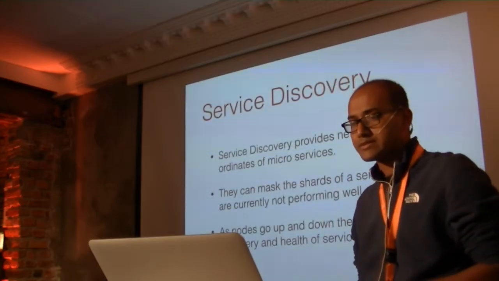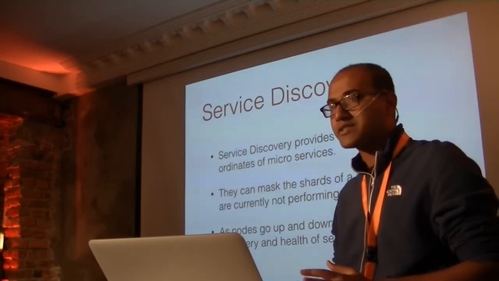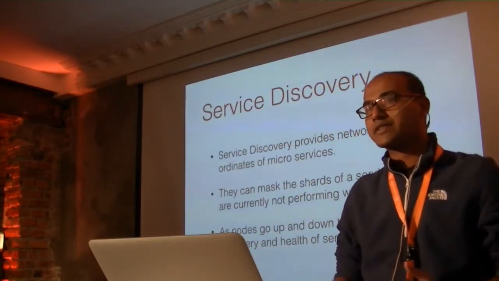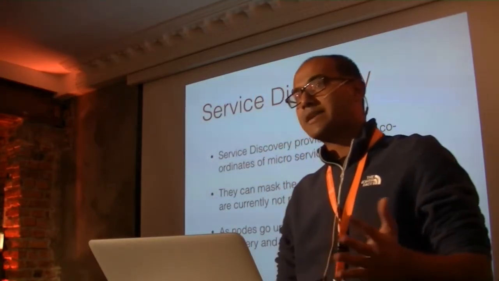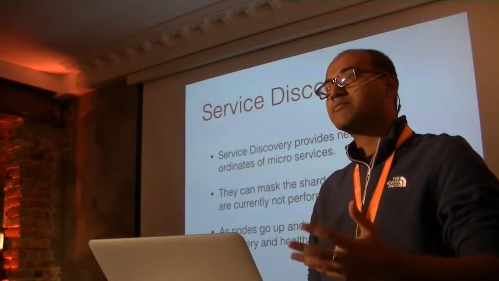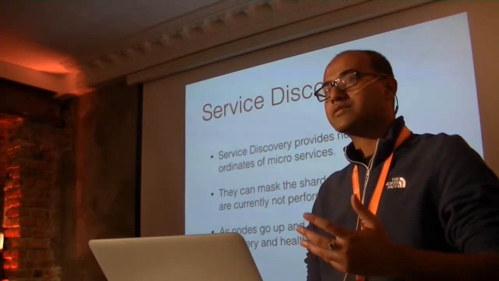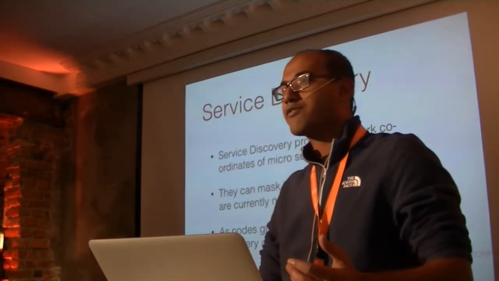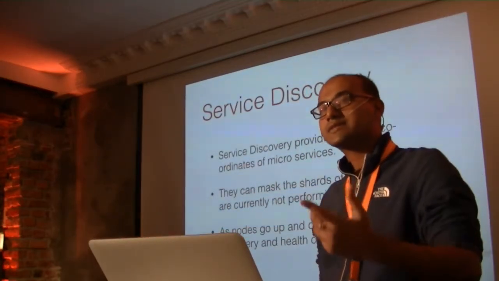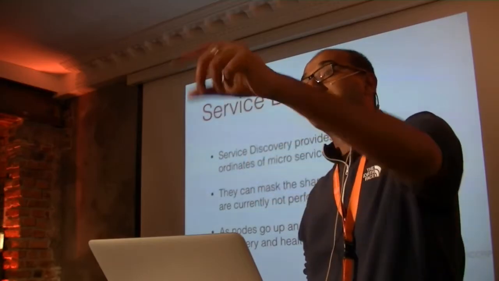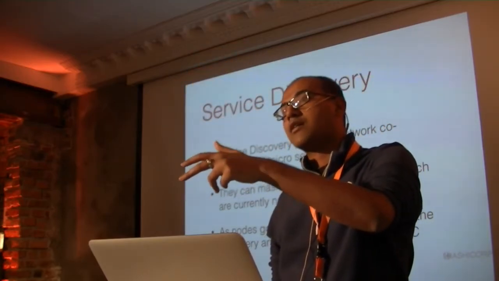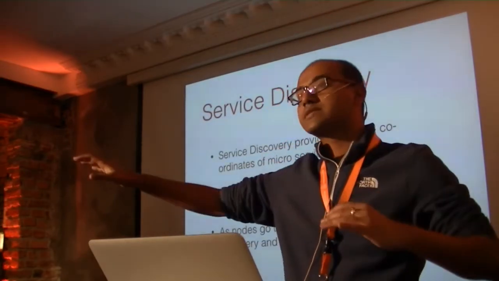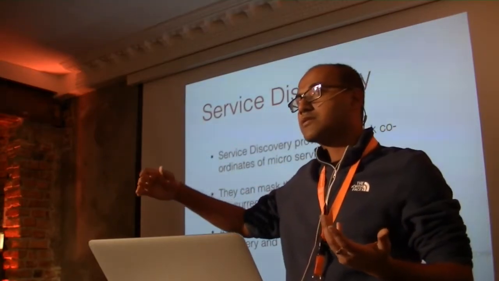What they also do is that they mask the shards of the services in your cluster which have failures. So for example, if you have 100 JVM applications for a service, and 2 of them are not doing well because they are using Tomcat and all the threads are exhausted because of a slow database behind them, a service discovery system like Consul can choose not to expose those 2 services which are doing badly. So upstream services consuming this service just won't see the 2 services which are not doing well.